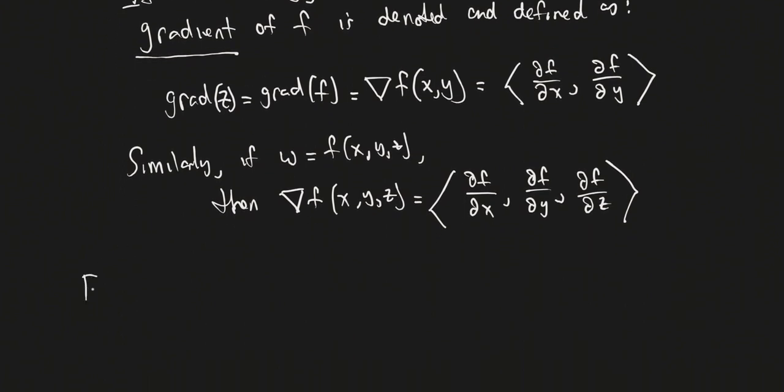Here's just a quick example of a gradient calculation, and then this will wrap it up for us, right? So our example, let's say w is equal to e to the xy times the cosine of z. So let's say that's our surface, right?